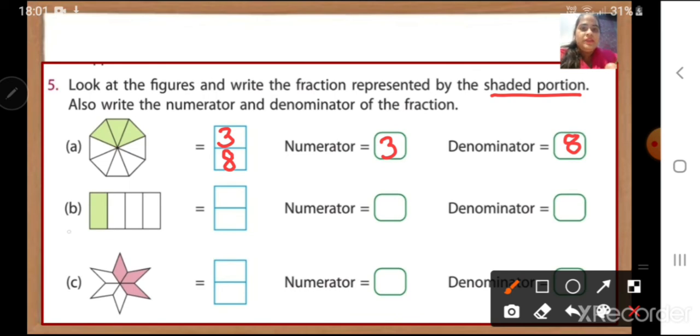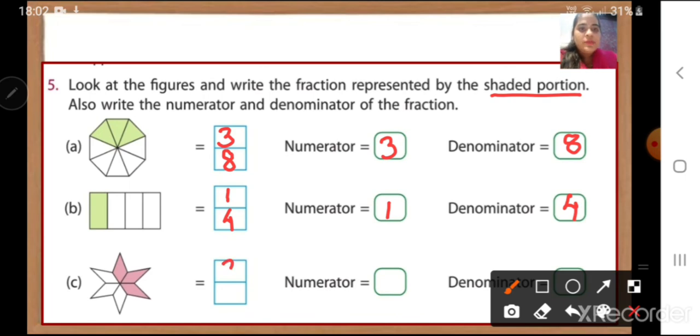Next one, B1. Here you can see there is only one shaded portion. So in the numerator we will write 1 and the denominator is the total parts. How many total parts are there? 1, 2, 3, 4. So it is 4. So the numerator is 1 and the denominator 4. The last one is a star. In this also, see how many shaded parts are there? 1, 2, 3.